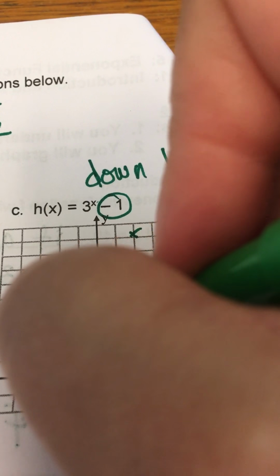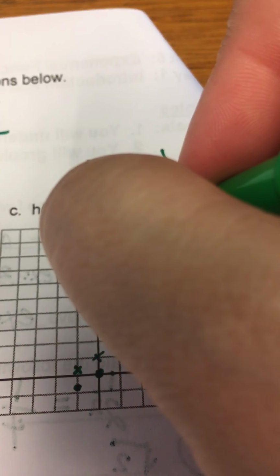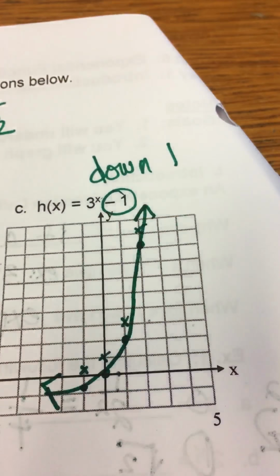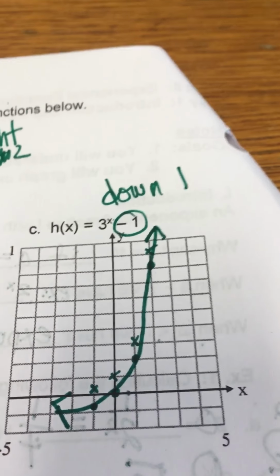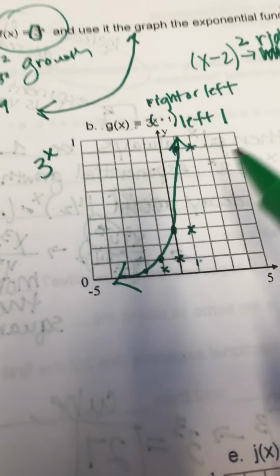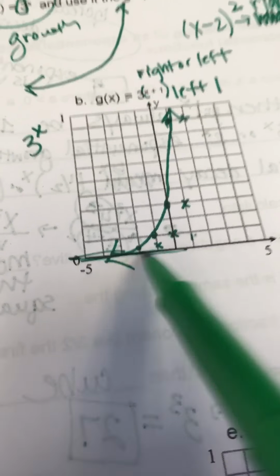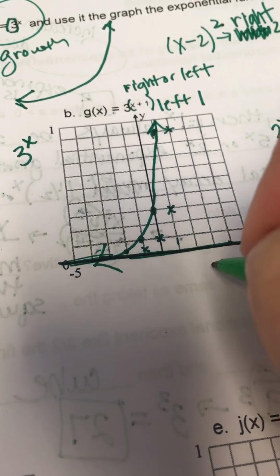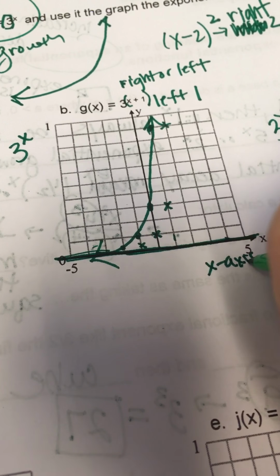So when I'm moving these things, up, down, right, or left, the asymptote, which we started talking about last time, is actually going to move with you. So in my initial graph, my asymptote is right here on the x-axis, or the y equals 0 line.